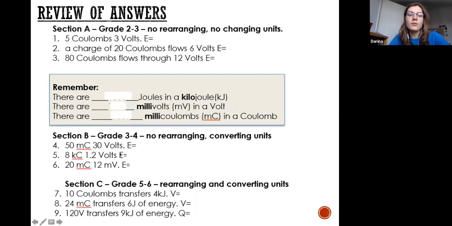So let's start off with just very basic. This should be taking you a very, very quick amount of time. Get your calculators out, everyone. Let's do questions 1 to 3. So remember, I hope you've jotted that equation down, that little triangle of E at the top, and then Q, and then V. Can everyone have a go at questions 1 to 3, please?